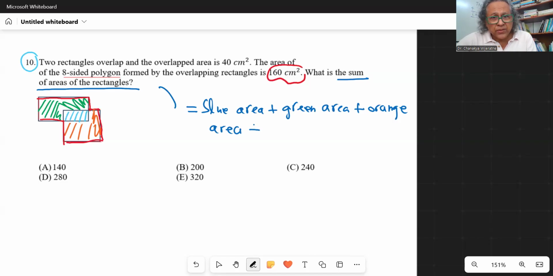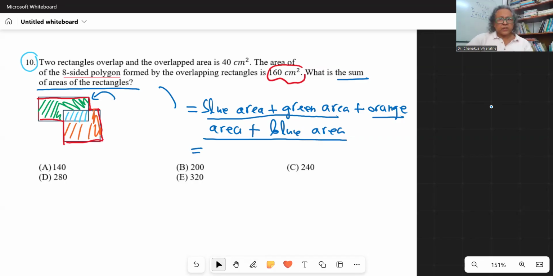Plus, now we need to add that blue area again, right? Because why is that? Because the blue area plus the green area is one rectangle, and the other one is the orange area plus the blue area, right?